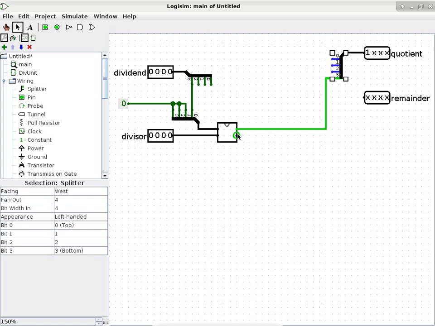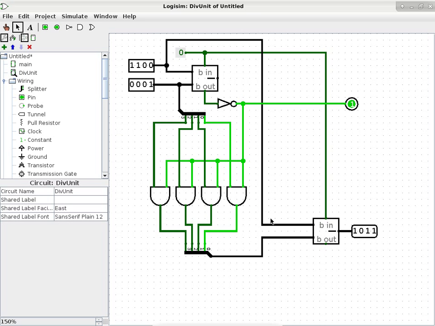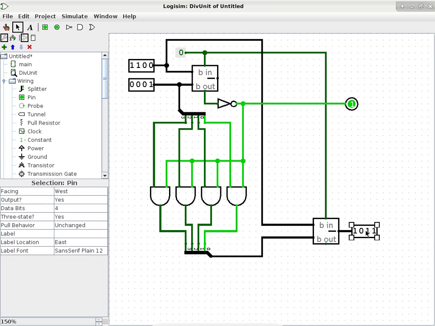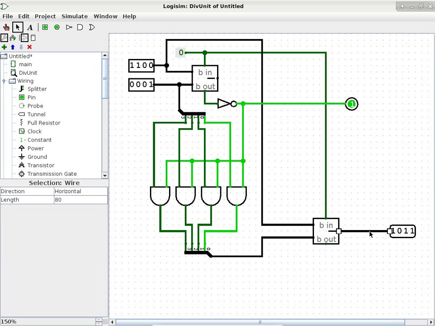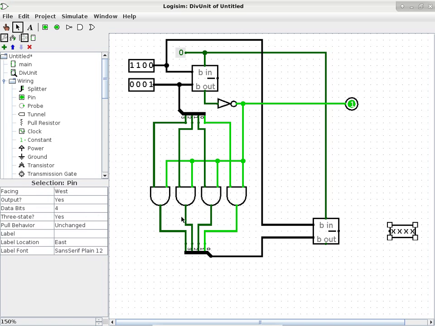Okay, so let me go back to the division unit and change it a little bit so that the output is no longer 4-bit wide but 3-bit wide. So we'll go ahead and get rid of this connection first, change this to 3-bit wide, because we know the most significant bit of the 4-bit number is guaranteed to be a 0.